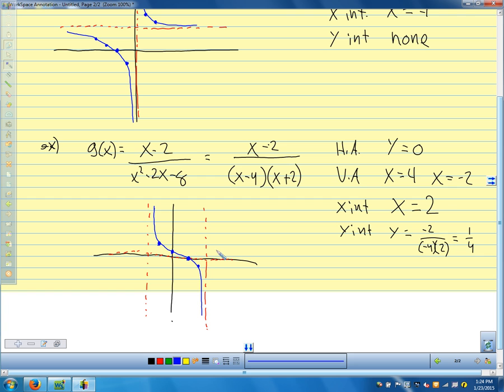And then we need to plug in numbers beyond our asymptotes because our function could be here, could be here. So I plug in x equals 5 and I get a point here. Plug in x equals 6, I get a point here. So our graph's going to do this.